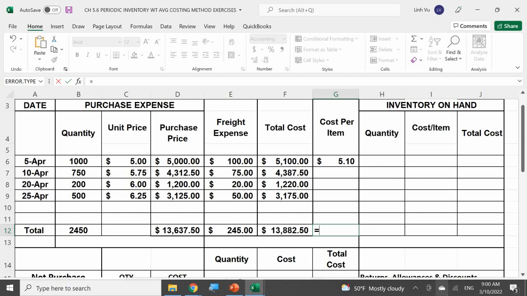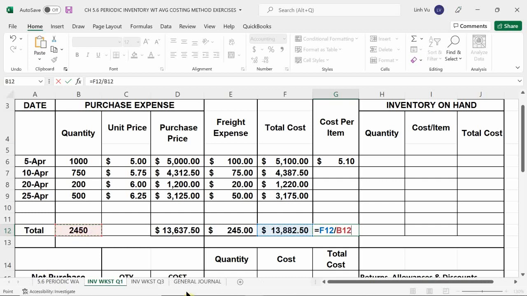Okay. I'm going to take my $13,882.50. I'm going to divide that by my overall total quantity of 2,450 units. So what's my average cost going to be now? How much is it going to cost me for 1 unit?